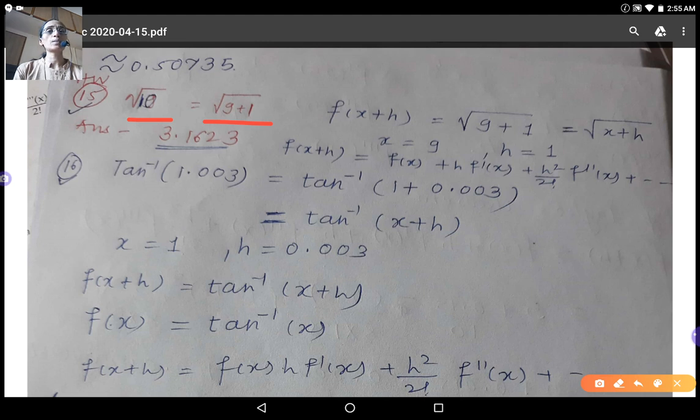You write this as square root of 9 plus 1, meaning again it is in the form of f of x plus h, which is square root of x plus h. The x value will be 9, the h value will be 1, and then you use this Taylor's form. Then you will get the answer. Your final answer is 3.1623.